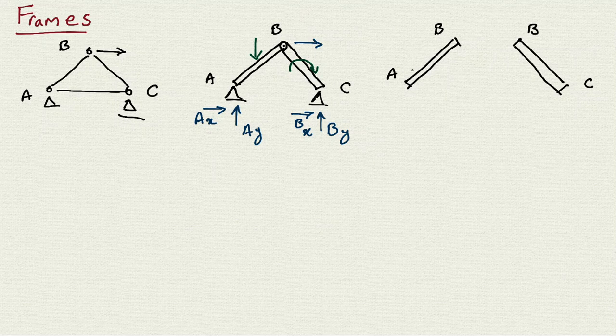Similar to what we did for the truss, when we disassemble it, we will put all the external forces on those members first. So we'll put first the supports there: we have the Ax, the Ay, and we have the Bx, and we have the By. Also we have the external forces.